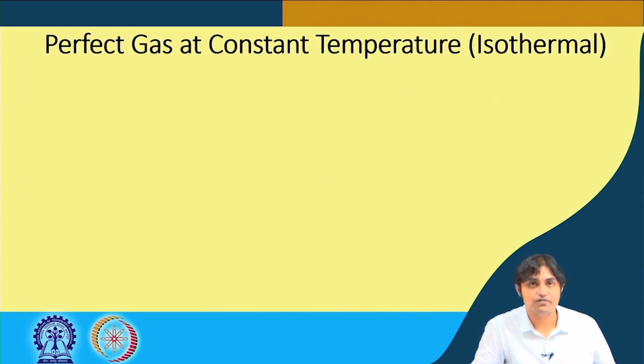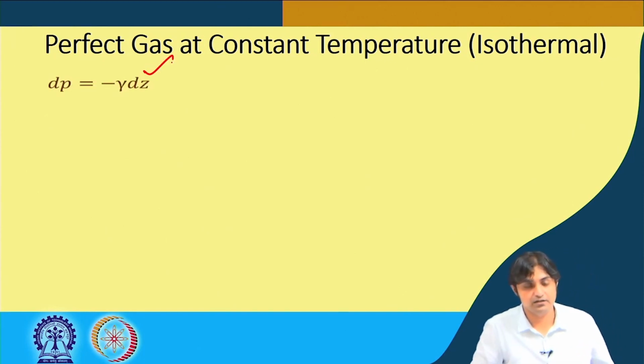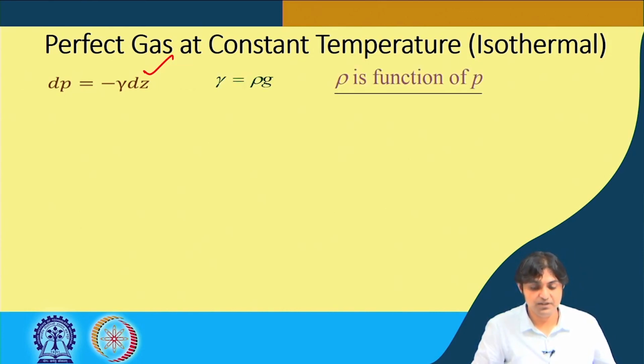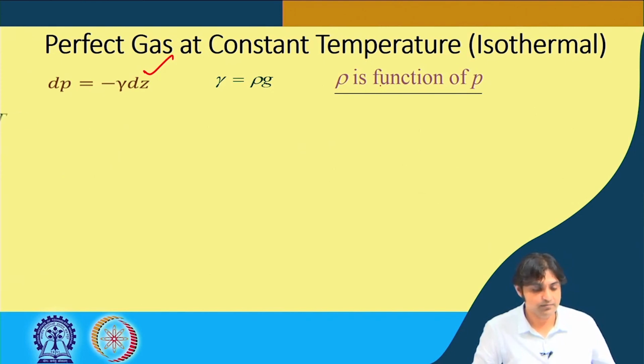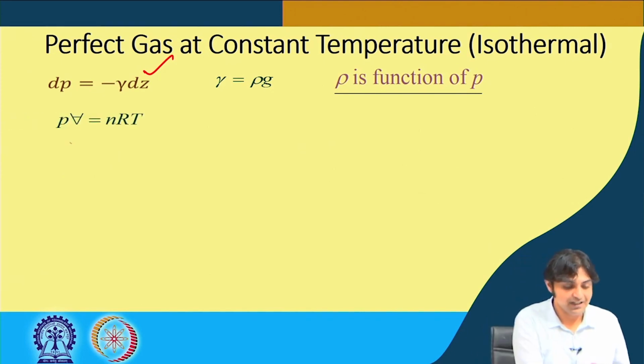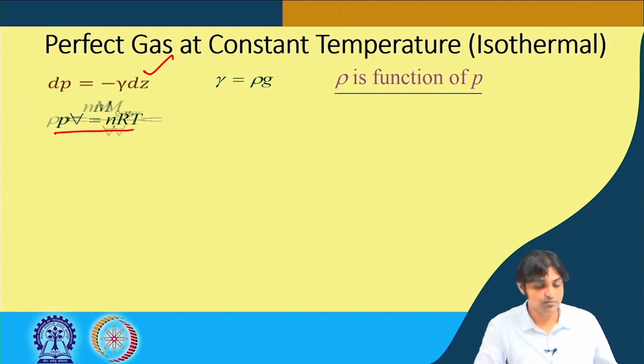Now we are going to do perfect gas at constant temperature, that is isothermal process. We start with the same old equation, dP is equal to minus gamma dz, where gamma is rho into g, and rho is a function of p. In gas, PV is equal to nRT, that is the thumb rule for isothermal.